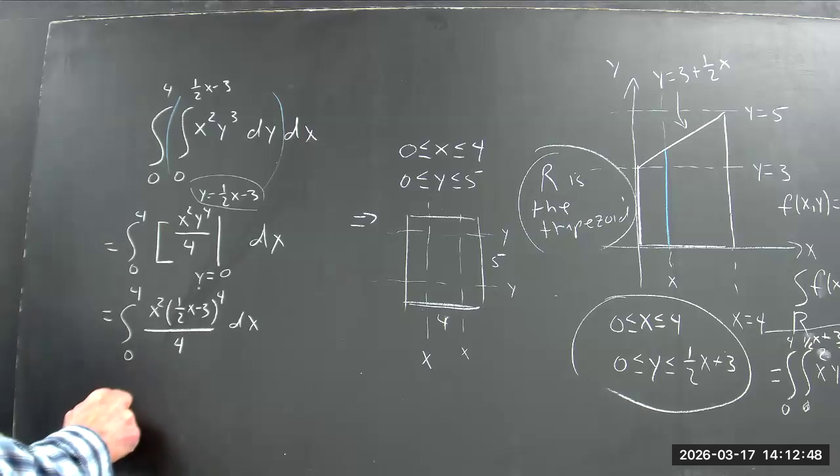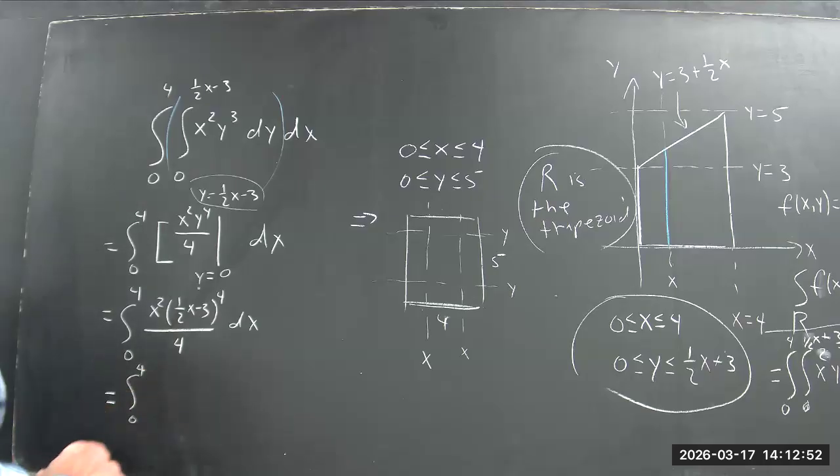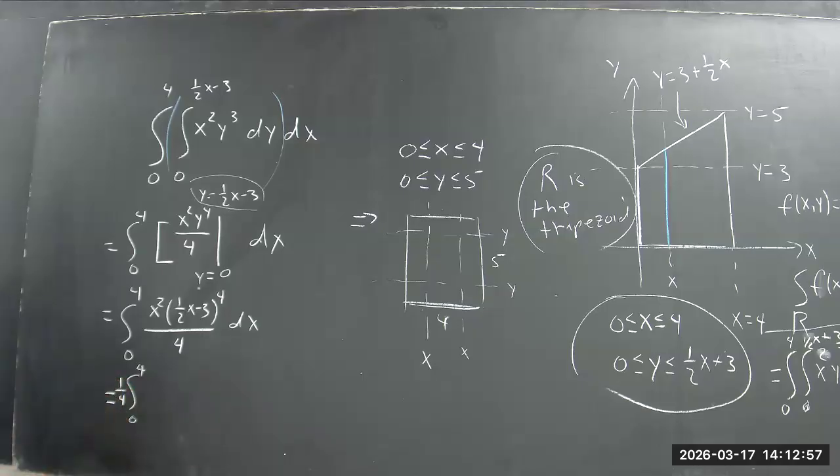I think it's using binomial expansion. I'm going to factor out my 1/4, so that's one less thing to get confused about.